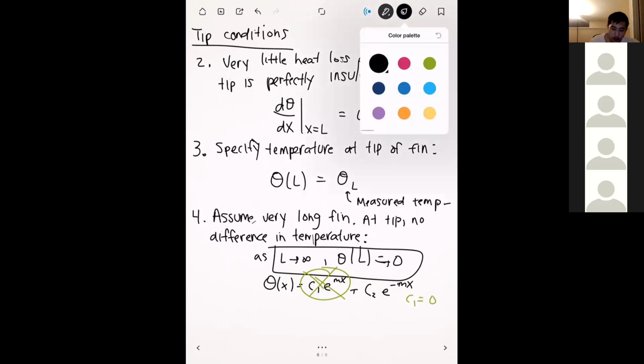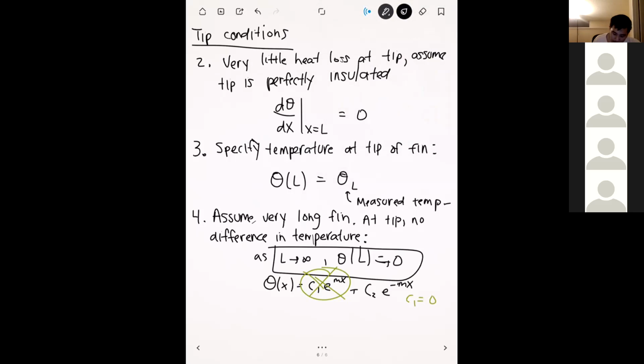And so our solution actually ends up being very simple because our C2 ends up being theta B. Because if you remember, our other boundary condition that we always apply is that when x is equal to 0, the temperature difference is just whatever the temperature difference is at the base, so that's theta B. And so we get the simplest expression for this, which is theta of x is equal to theta B e to the minus mx.